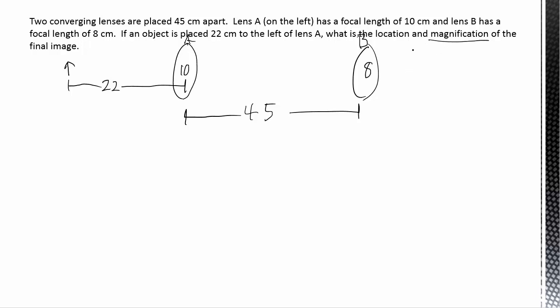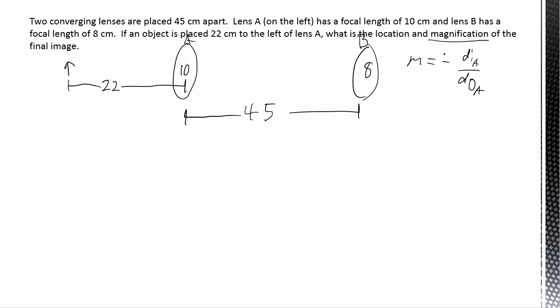I think I forgot to mention the magnification just gets multiplied for the two lenses. So our general equation for magnification in terms of distances is negative d_i over d_o. Here we're going to keep track of which lens we're talking about. So d_iA over d_oA.